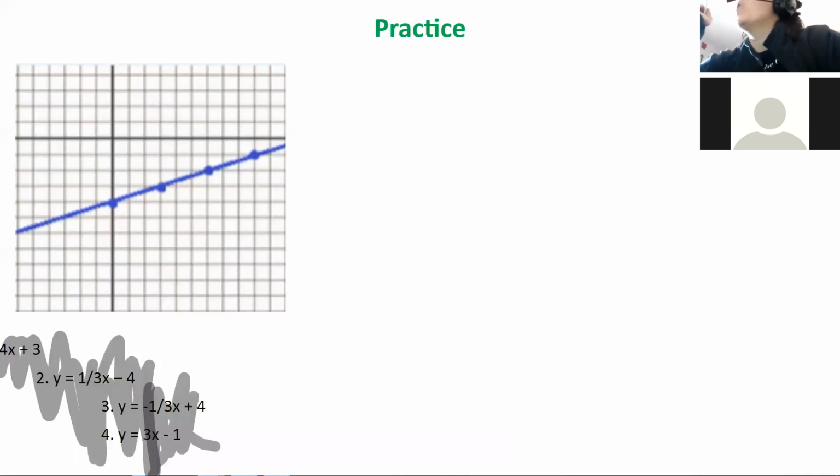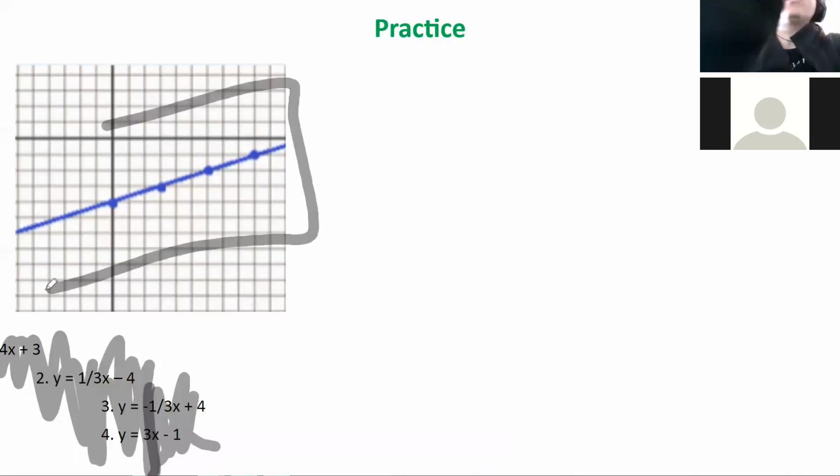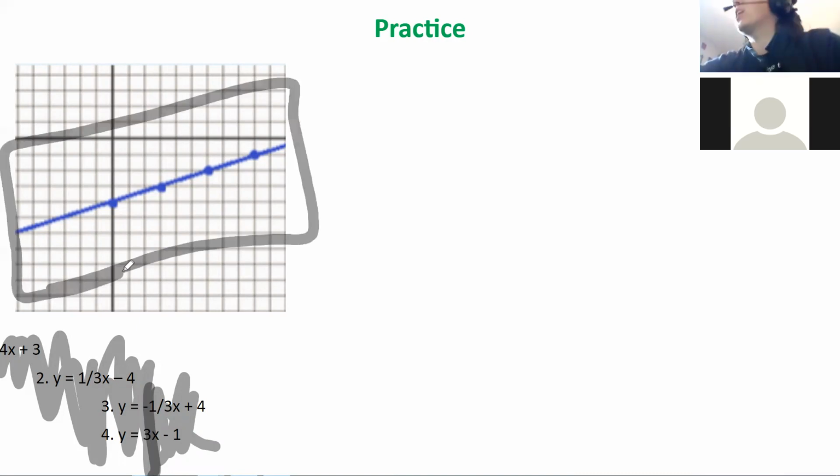So, guys, what do you think the equation of this line should be? What do you guys think? And I'll put our standard stuff on there. We have y that's going to stay the same and x.